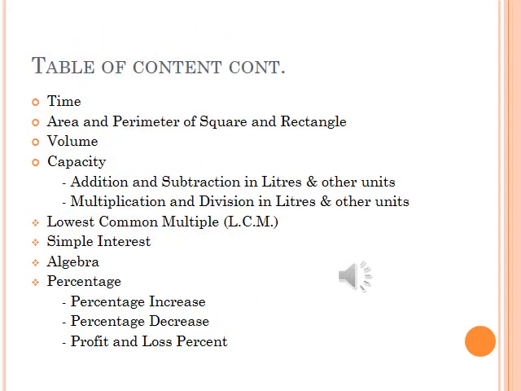Time, area and perimeter of square and rectangle, volume, capacity, addition and subtraction in liters and other units, multiplication and division in liters and other units, lowest common multiple LCM, simple interest, algebra, percentage, percentage increase, percentage decrease, profit and loss percent.